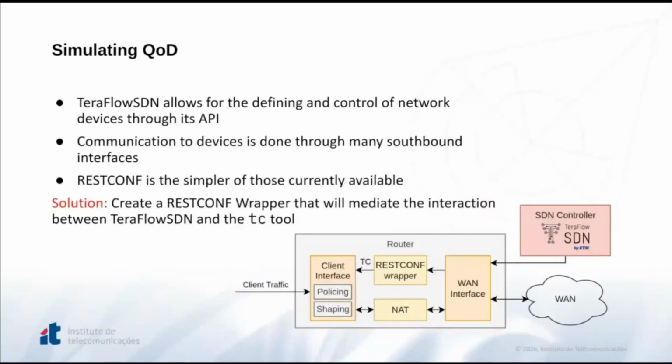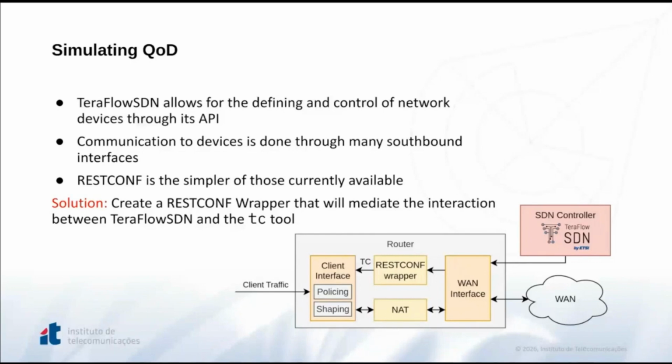This is where TeraFlow comes in. We are using it as an SDN controller. TeraFlow provides its own API through its northbound interfaces for clients to make changes to the network and provides a set of southbound interfaces. In this case, we are using the RESTCONF southbound interface simply because it was the easiest to implement a device.